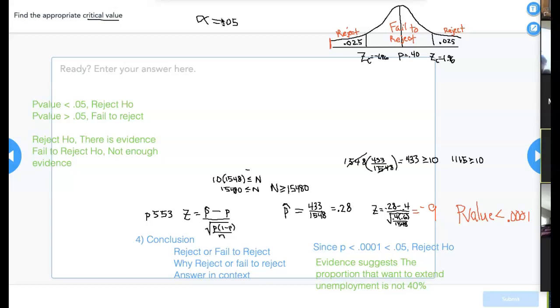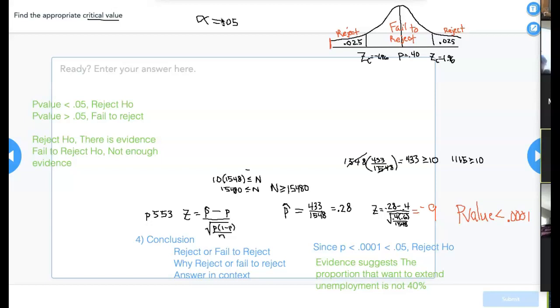Okay, I like to use the words difference or no difference because sometimes when you reject and you have a two-sided test, or if you fail to reject, you say there's not enough evidence that the proportion is not 40%. And I call that a double negative. You use the word not.